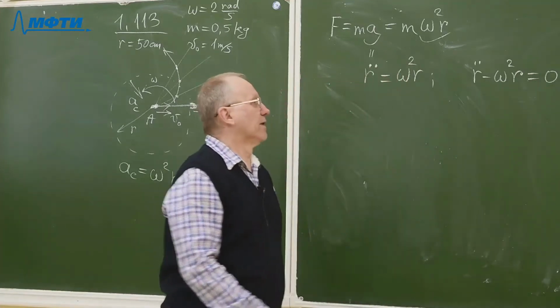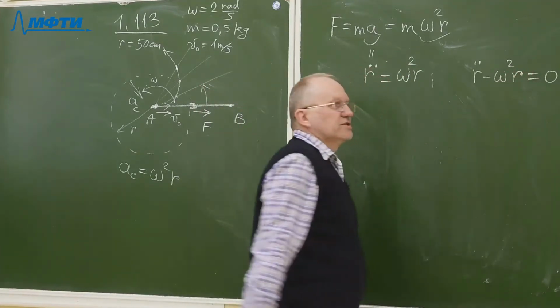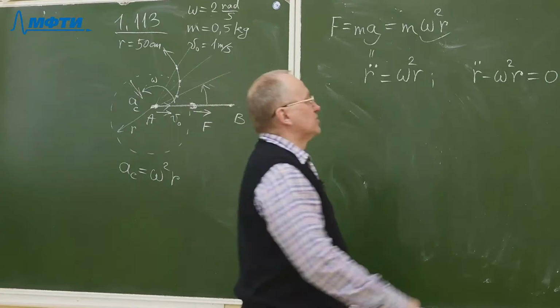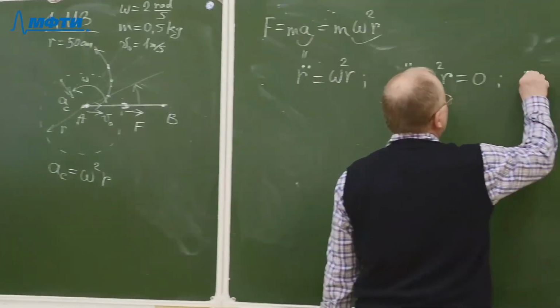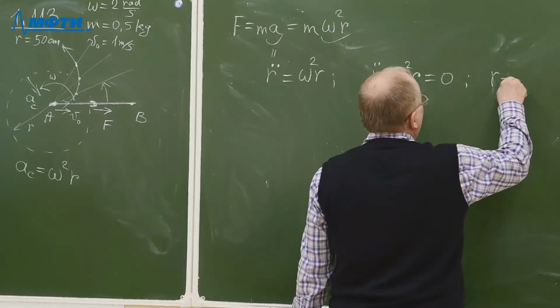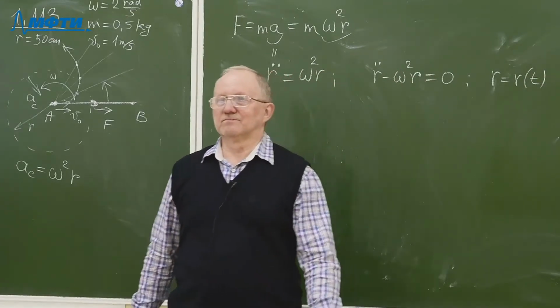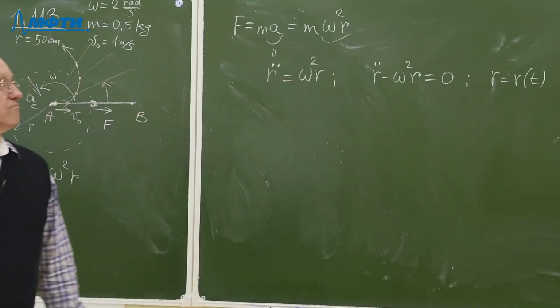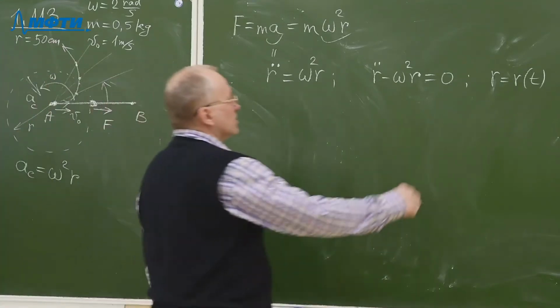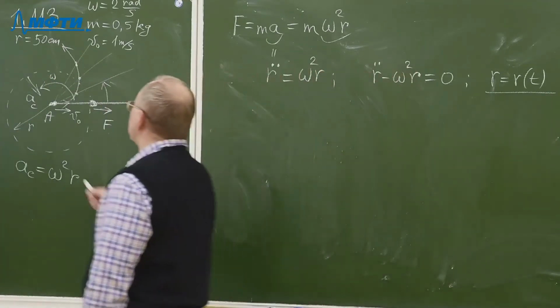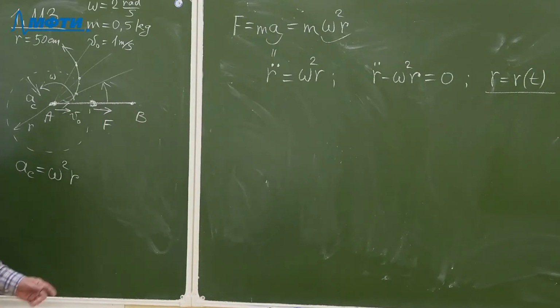What is this? That's a differential equation which defines the unknown function r as a function of time. Unknown function, how the ring moves along the rod AB.